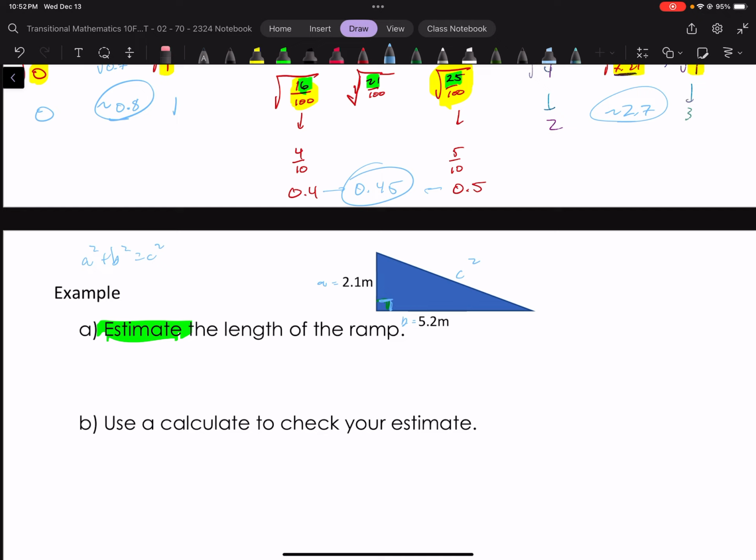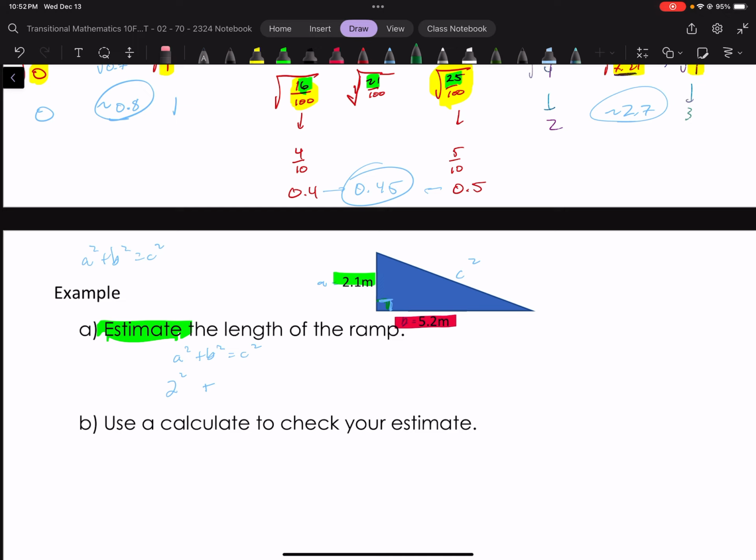Did you know that a squared plus b squared is equal to c squared? And c squared is my hypotenuse. a squared, well, I'm not going to put 2.1. That's really too specific. This is just an estimate. I'm just going to put 2. 2 squared, because a is 2.1, plus b is 5.2.